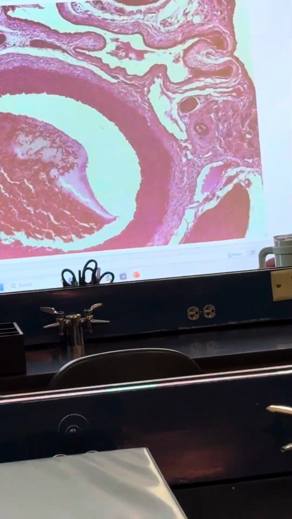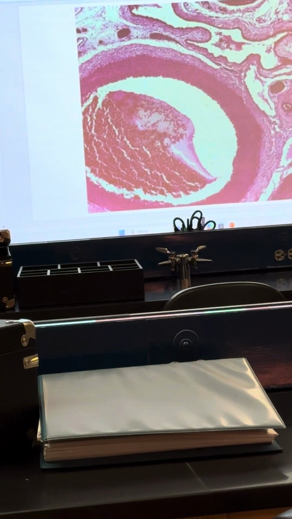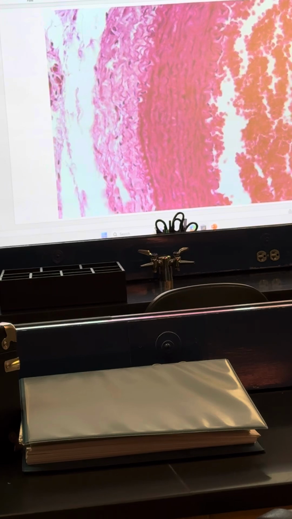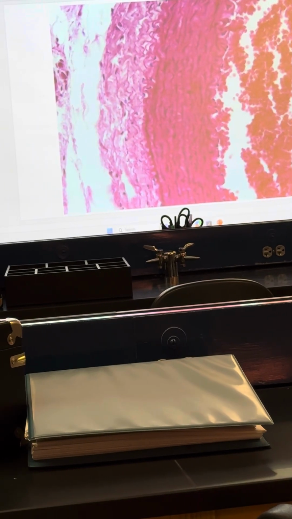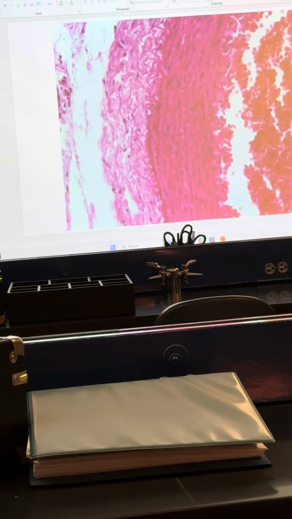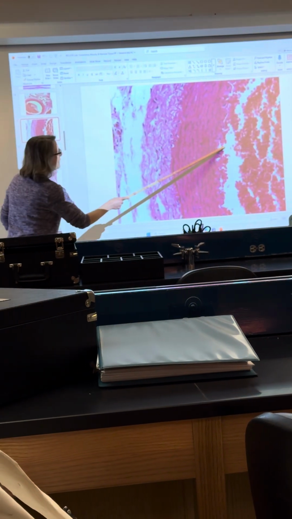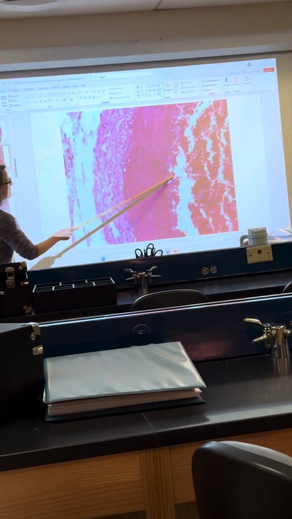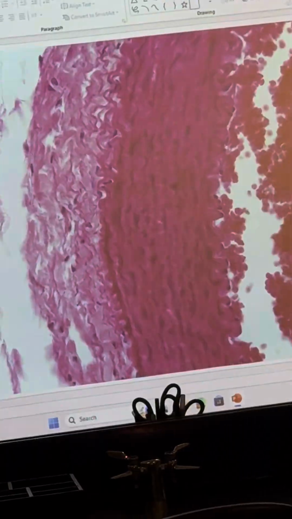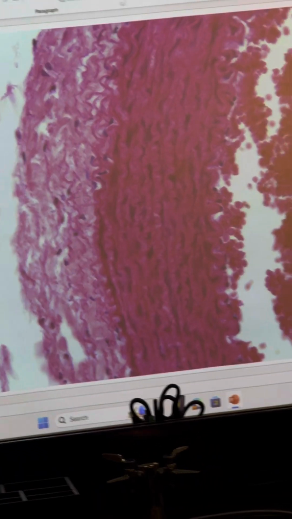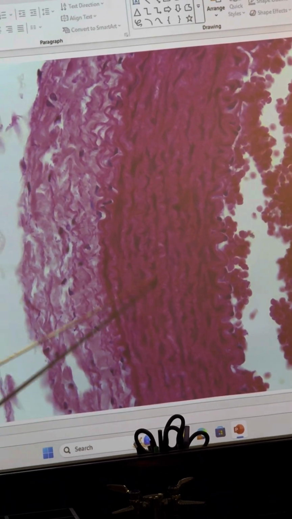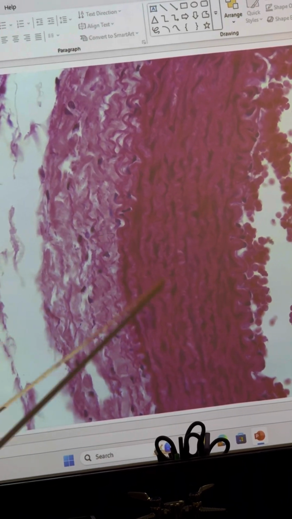Okay, let's look at this one. So look around that vessel wall, and then let's look up close. What kind of tissue do we have right here? Does it have lacunae? No, it doesn't. It's not a cartilage, but it has lots of collagen, and then it has black fibers mixed in there.